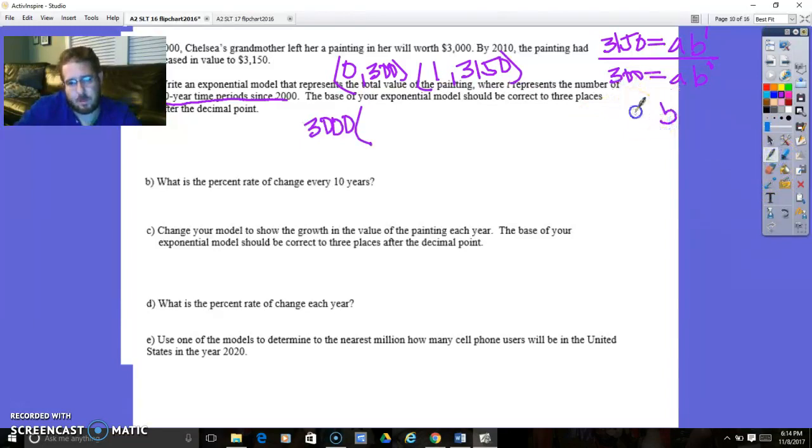So b is 1.05. So now we know the model is 1.05 to the power of x. Now if I want to change that to every year, then I would just do this to the 1/10th power, to the 10x, just like we had done before.